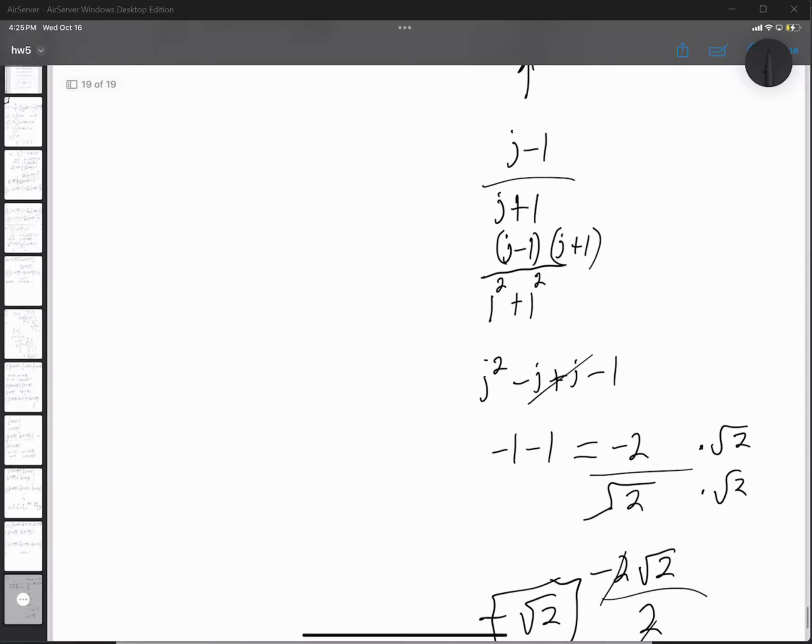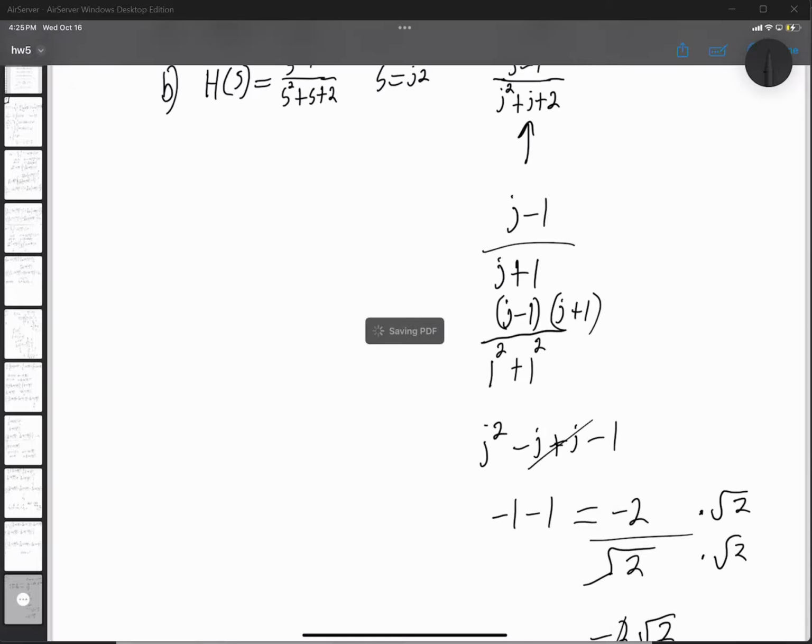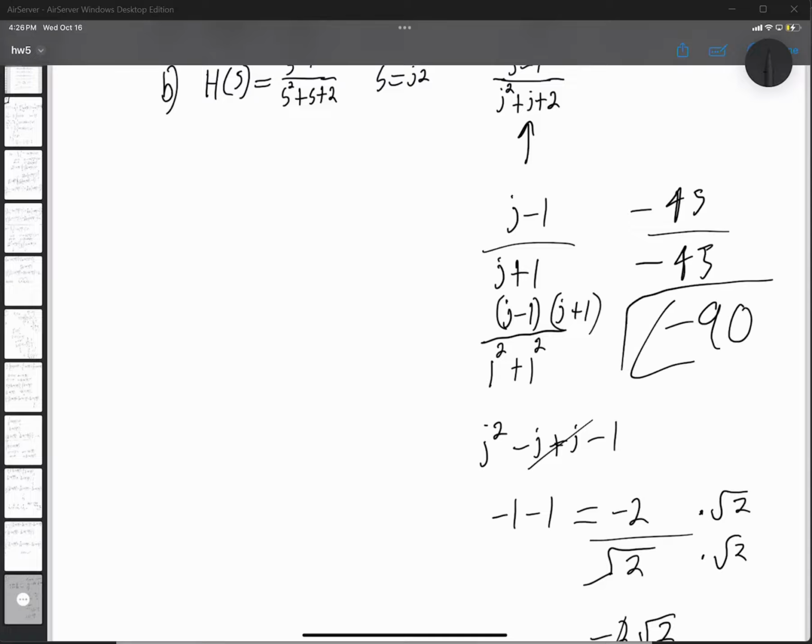Then our angle is going to be 1 divided by negative 1, negative 45. And we got 1 divided by 1, positive 45. So we'll get negative 90 as our phasor. And that's that.